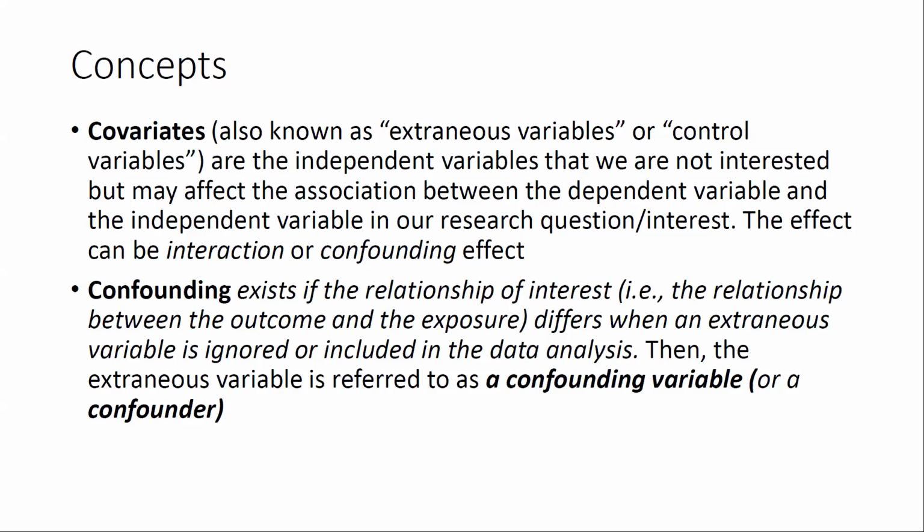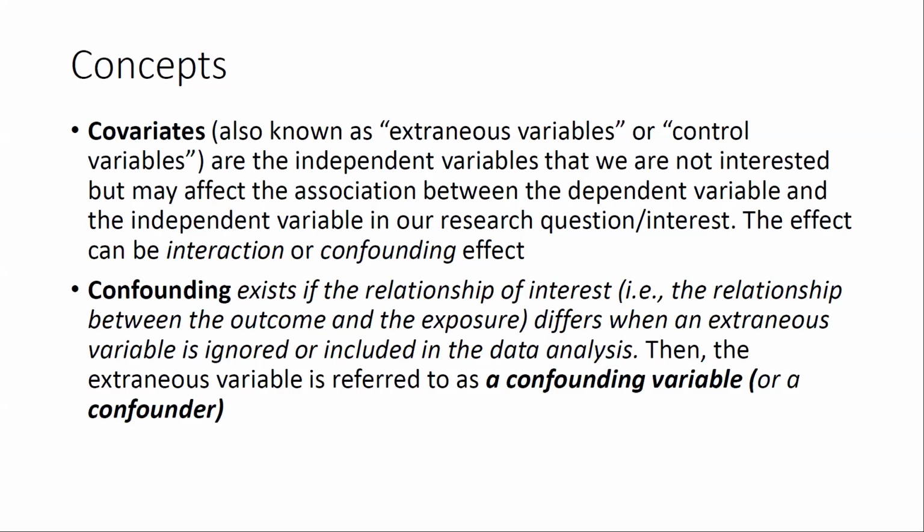And the effects can be interaction or confounding, depending on which one there is. This covariate can be called a confounder or an effect modifier. We'll show this in the next couple of slides.